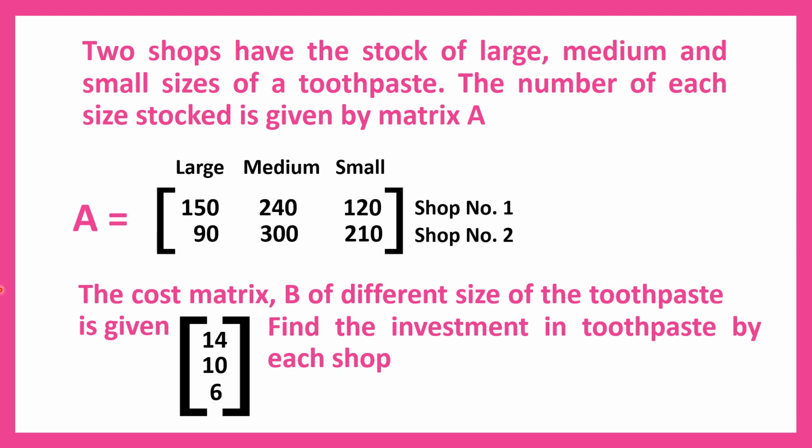So, based on the stock of this toothpaste and the cost of each toothpaste, we have to find the investment in toothpaste by each shop. Three elements are there in this matrix. The first element is the cost of large sized toothpaste, the second element is the cost of medium sized toothpaste, and the third element is the cost of small sized toothpaste.